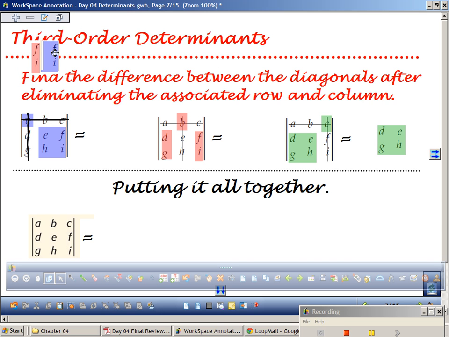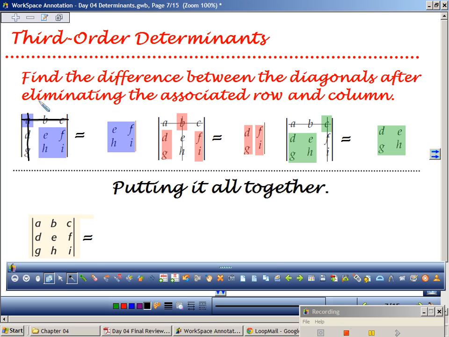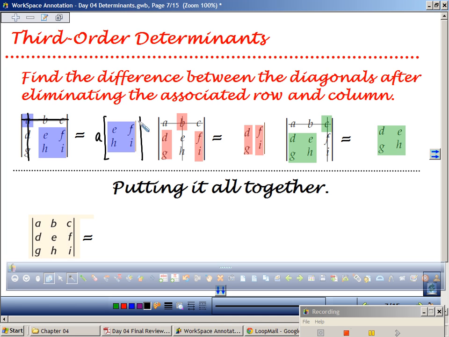This one goes here, and this one goes here, and this one goes here. And what I would do is put the A on the outside, and for this one I would put the B on the outside.